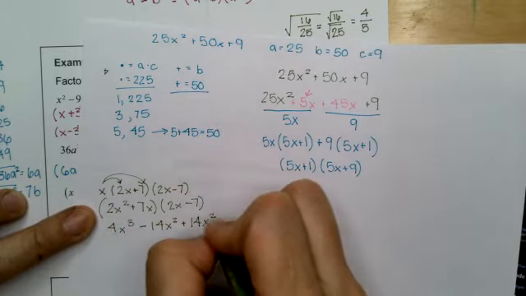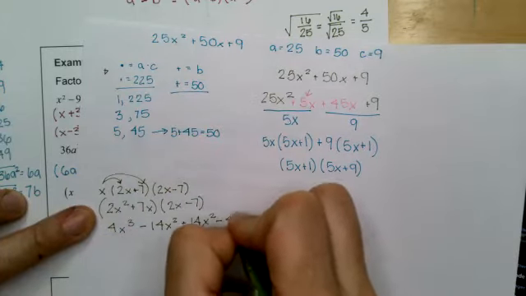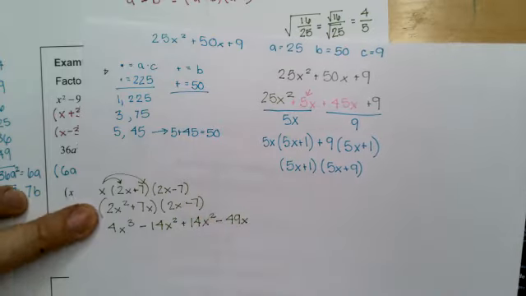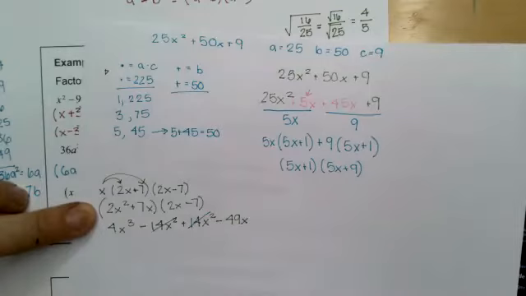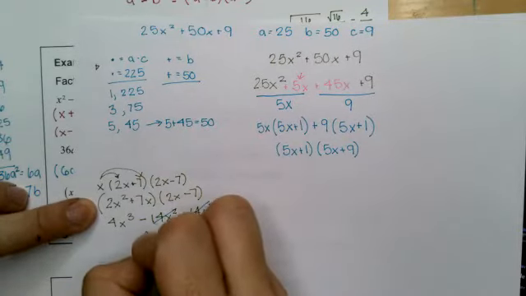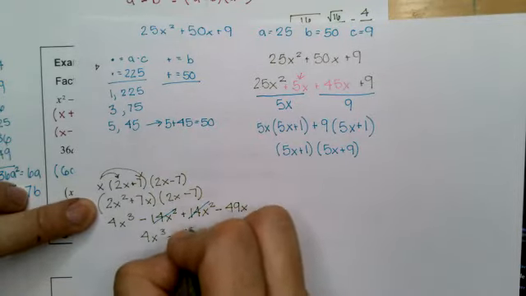Positive 7x times minus 7 is negative 49x. Good. These cancel, and I'm left with 4x cubed minus 49x.